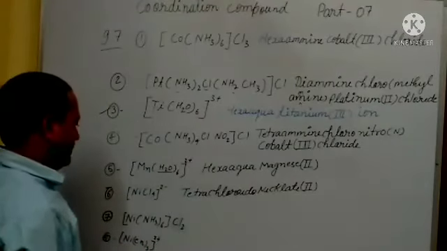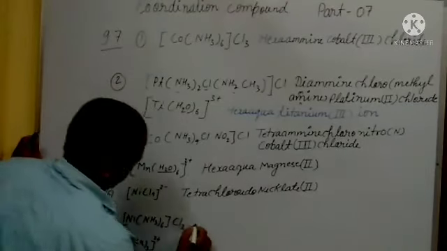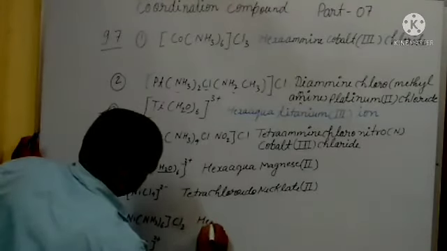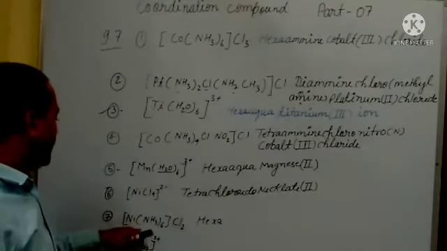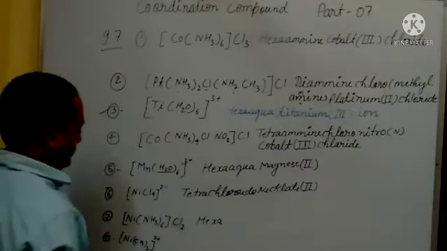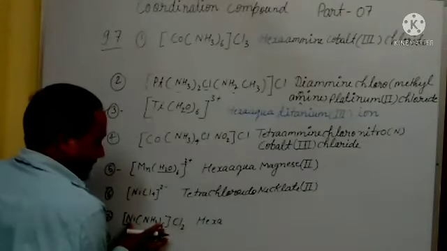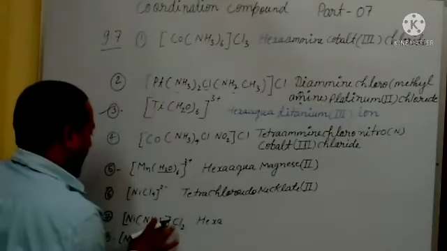Here next is like this, the 7th one. The compound is [Ni(NH3)6]Cl2. The coordination number is 6, and the complex ion is positive also. We have written hexa for 6.